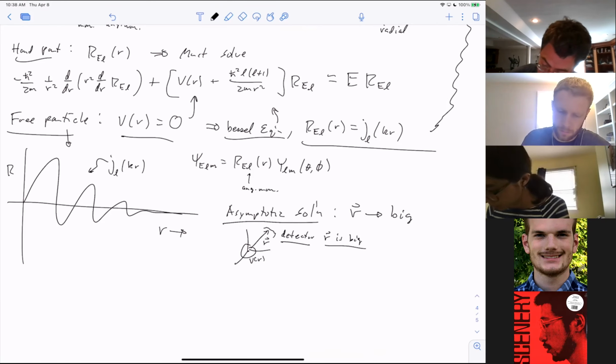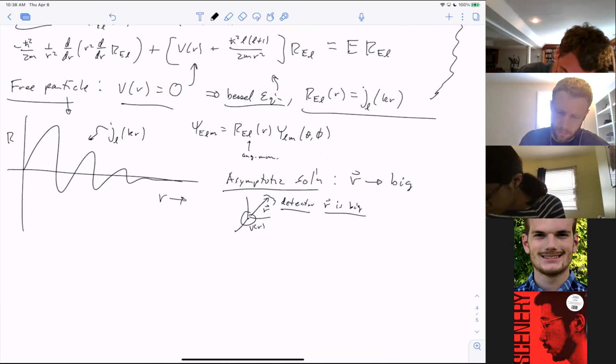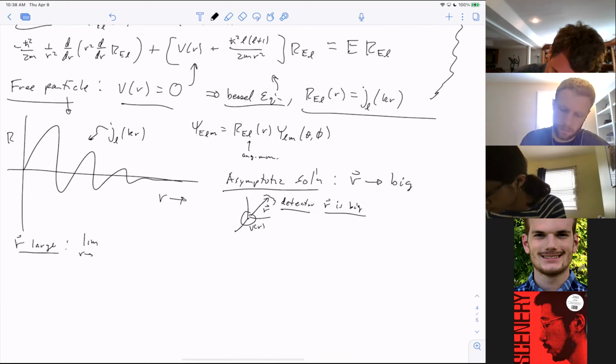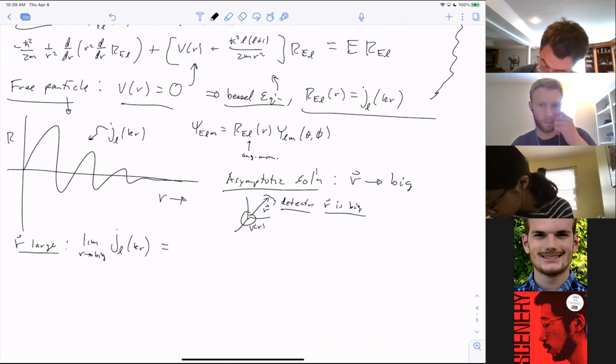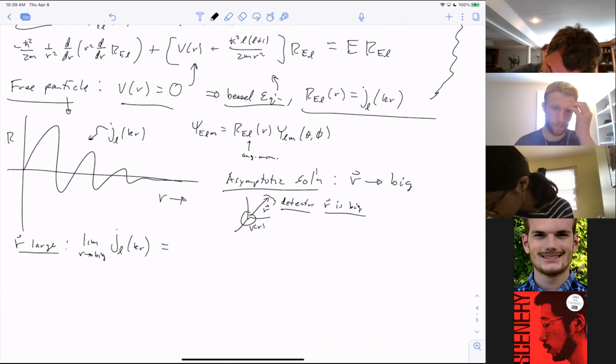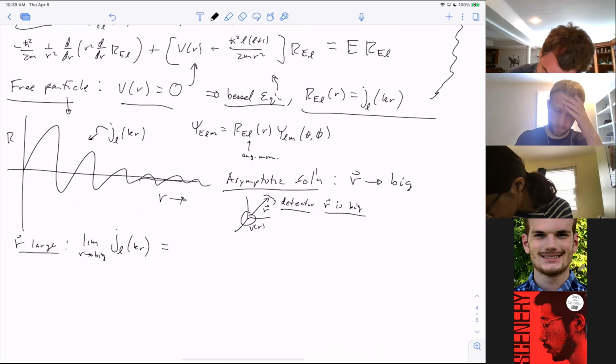And so the asymptotic solution for big r, the limit of big r for the Bessel function, is this. It turns out that the Bessel function, as you go really far away, is just a sine wave.